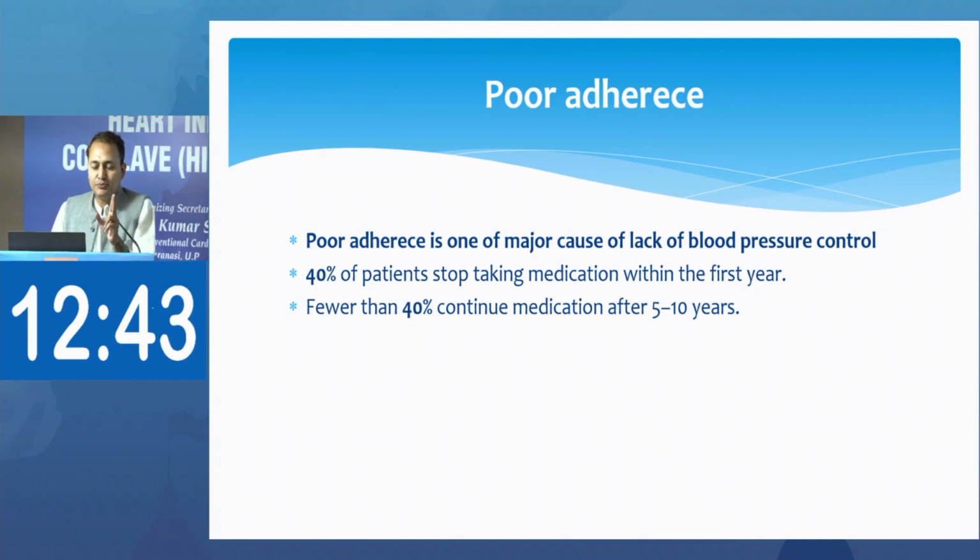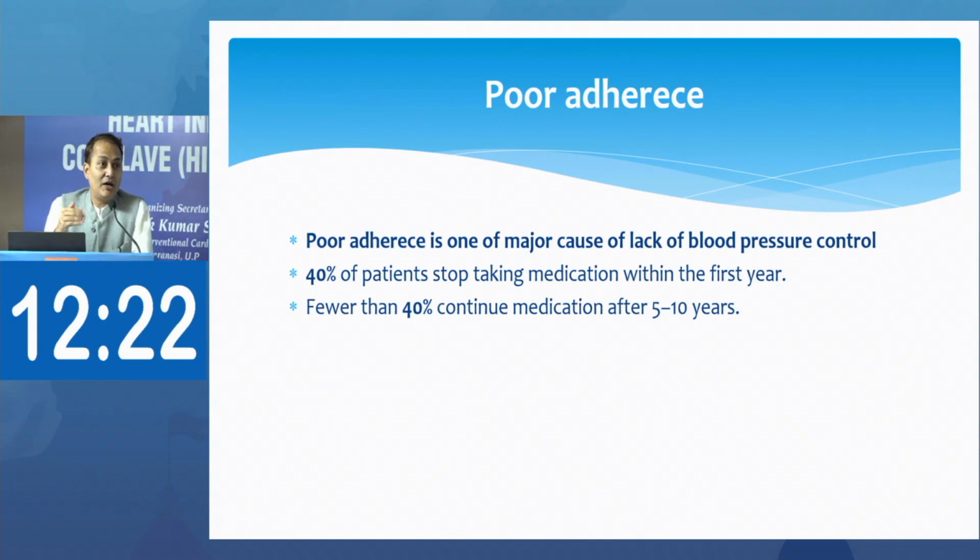Another important thing is poor adherence. In the part of the country where we are practicing, we don't know whether the patient is actually taking the doses and medicines we have prescribed. So before labeling a patient as resistant hypertension, you should take out time and see what medication he is taking, and in what doses.